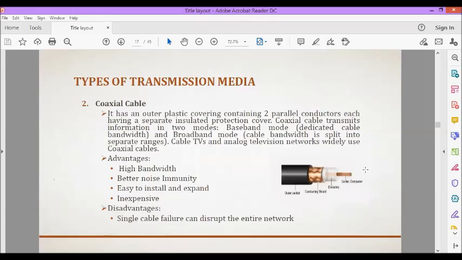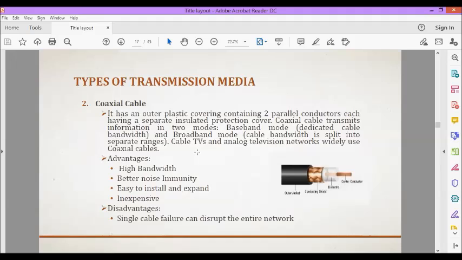The second one is the coaxial cable. It has an outer plastic covering containing two parallel conductors, each having a separate insulated protection cover. Coaxial cable transmits information in two modes: the baseband mode, with dedicated cable bandwidth, and the broadband mode, where cable bandwidth is split into separate ranges.